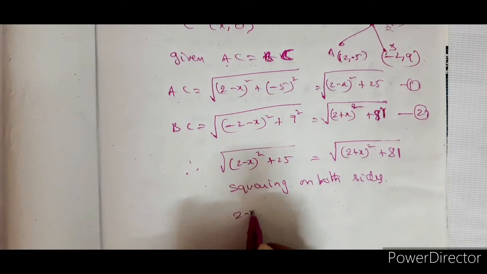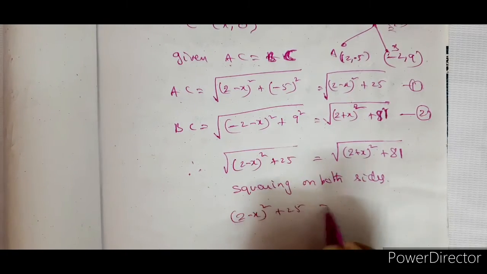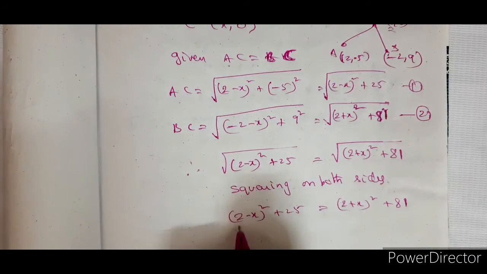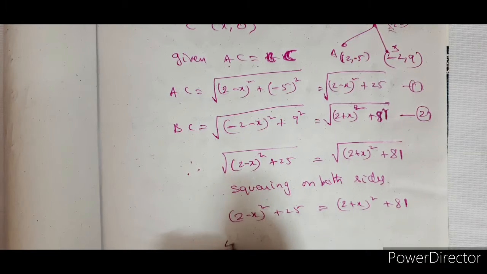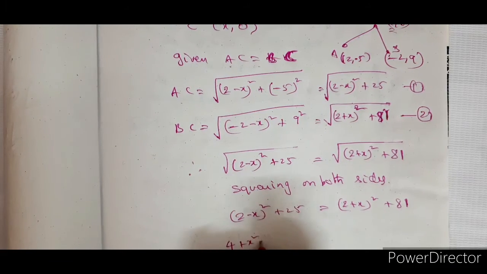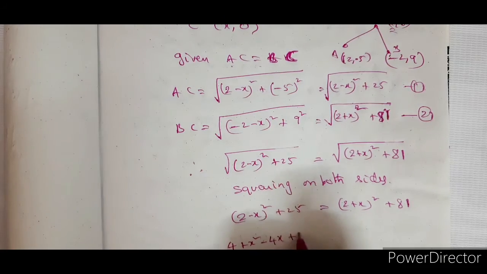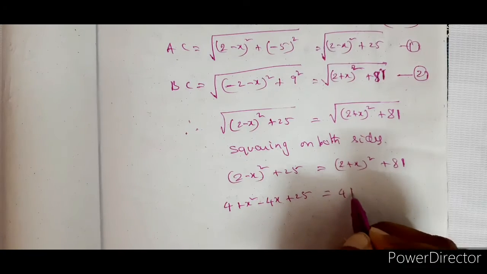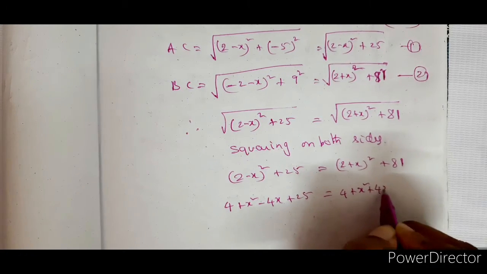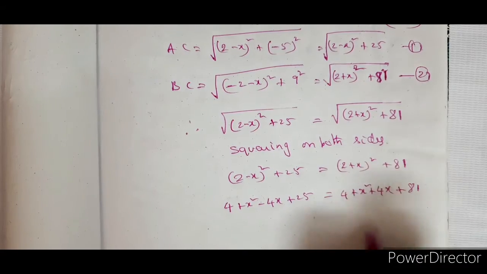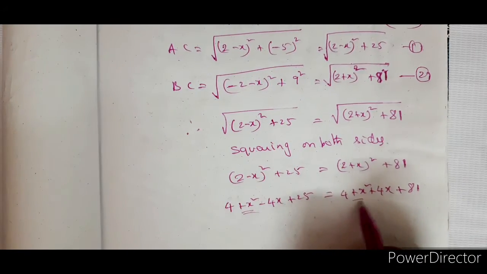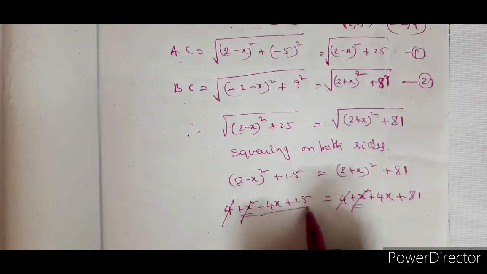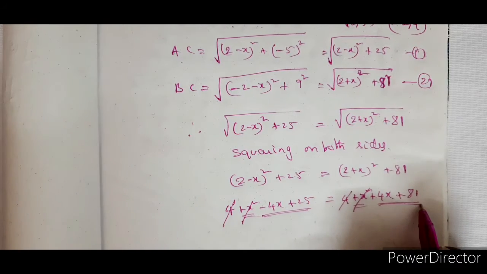So you will get (2 minus x) whole square plus 25 is equal to (2 plus x) whole square plus 81. Expanding this in (a minus b) whole square form, 4 plus x square minus 4x plus 25 is equal to, on this side also the same situation, 4 plus x square plus 4x plus 81. Here is plus x square on both sides, so they will get cancelled. 4 will also get cancelled. So now we are left with minus 4x plus 25 equals plus 4x plus 81.